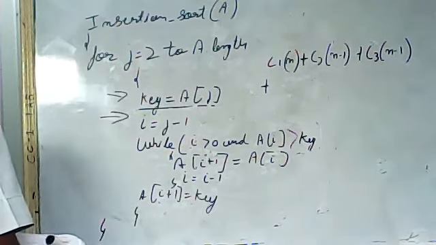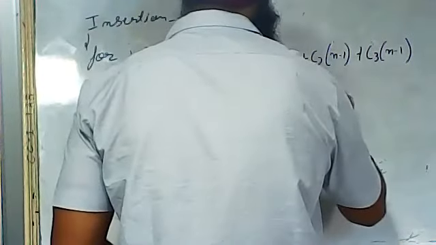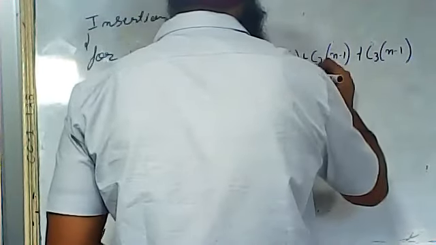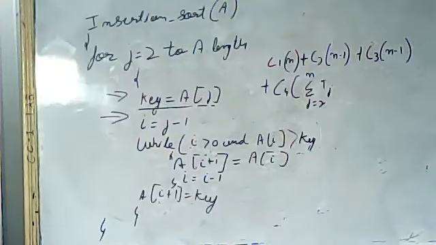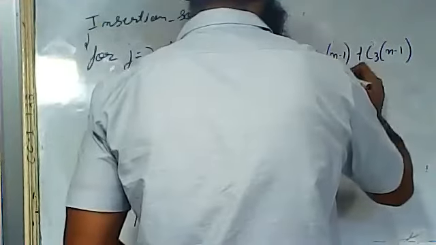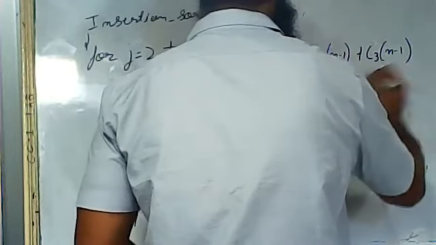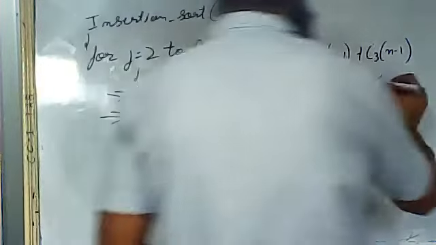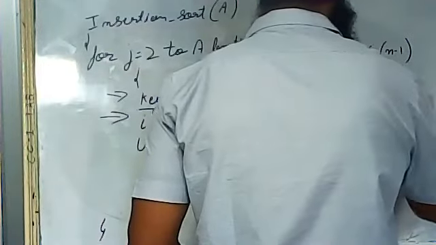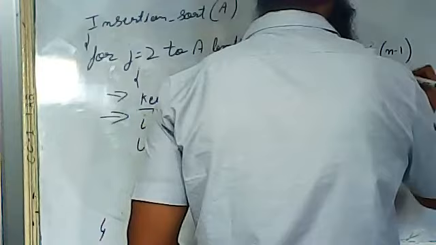C4 into summation from j equals 2 to n of t of j. T of j time will be taken, and then C5 is summation from 2 to n of t of j minus 1.